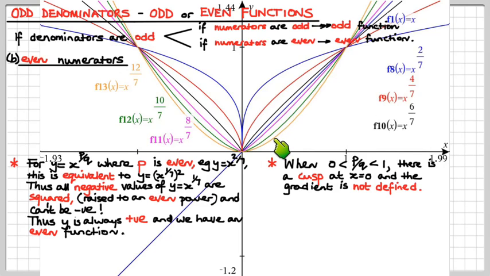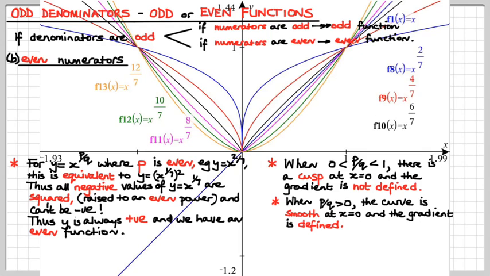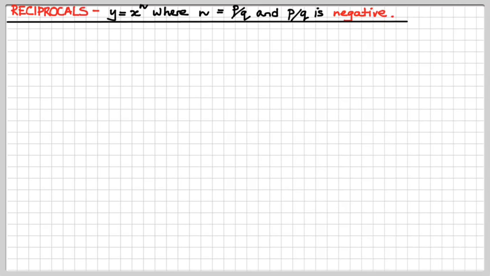You get this effect here, and all these curves, even though they mightn't look like it, for example, that pink one, it looks very, very sharp and kinky down there, but if you get a magnifying glass and have a look around the origin, it's actually steep, but it's smooth. So they're all smooth. These ones where the exponent is greater than 1 with an even numerator and an odd denominator, they're all smooth and the gradient is defined. Wow. I know. It's just almost too much, isn't it, all this?